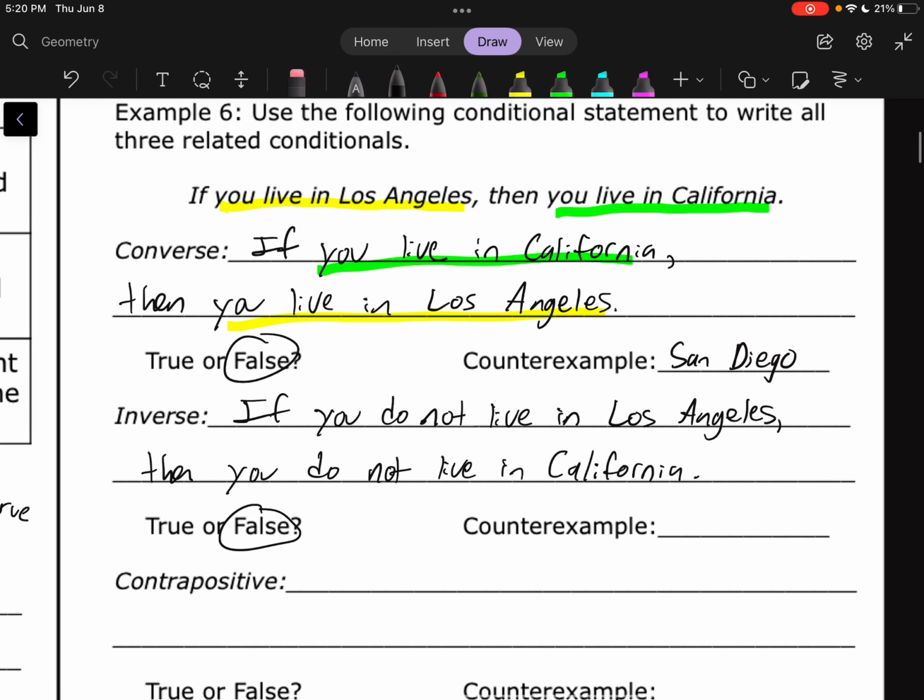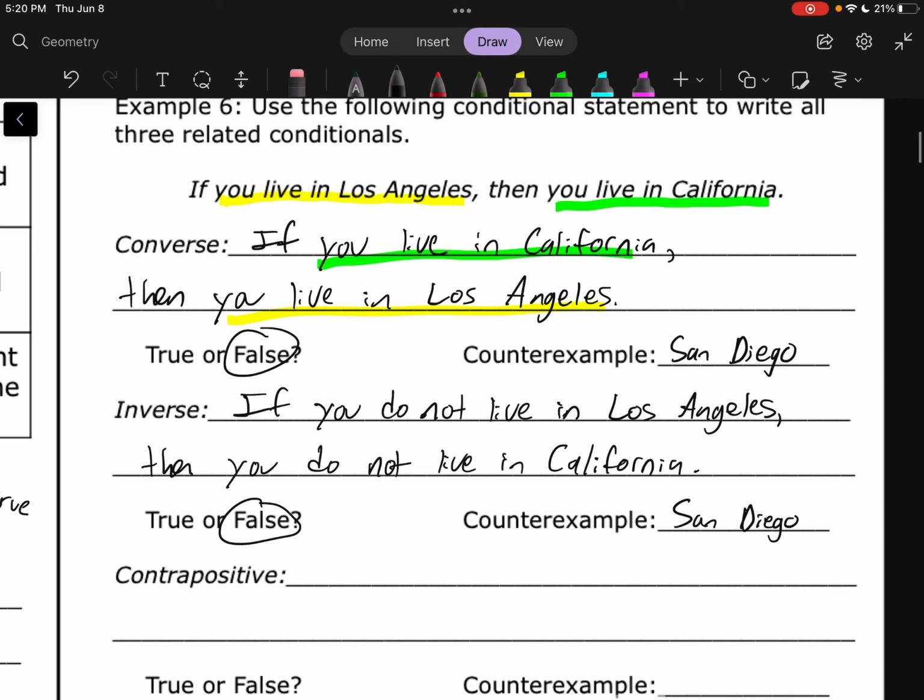That is false, because if you don't live in Los Angeles, maybe you live in San Diego, and that would be in California, right? So once again, this is the same way that we saw it before. The same counterexample can be used for both the converse and the inverse if they're both false. But more importantly here, notice that we didn't flip anything, right? For inverse, all you do is you put the word not in there. You just negate them.